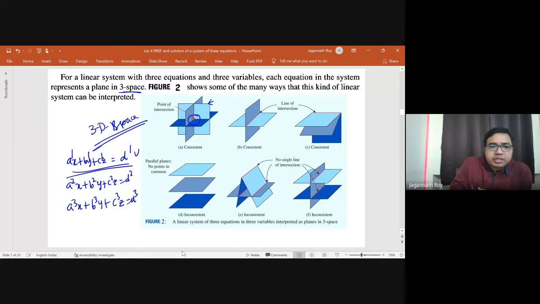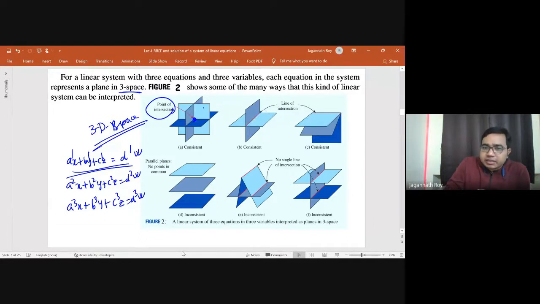If we have three different planes and they intersect at one point, then we will have a consistent system, and this is a unique solution. Here we have a point of intersection. These three planes are intersecting at exactly one point.